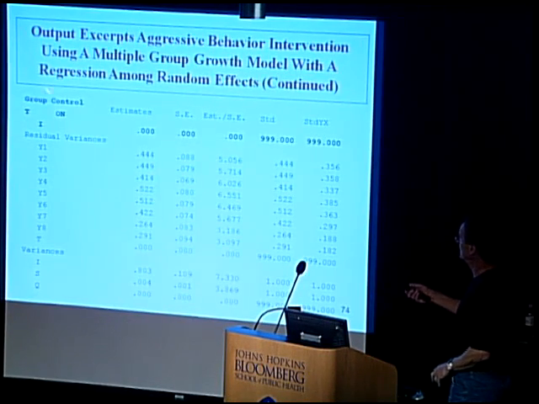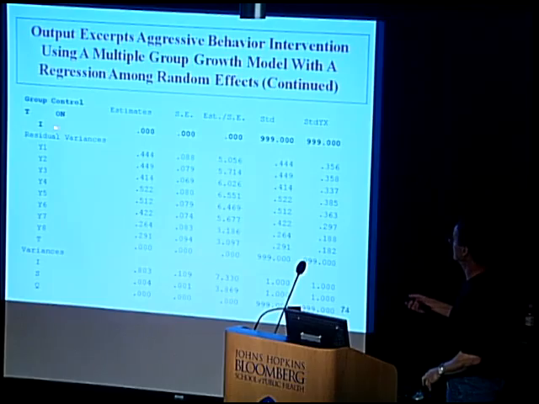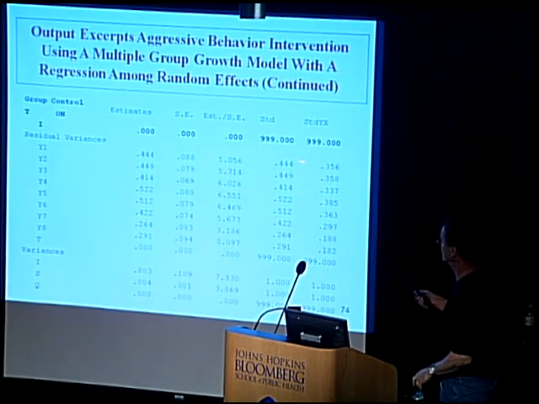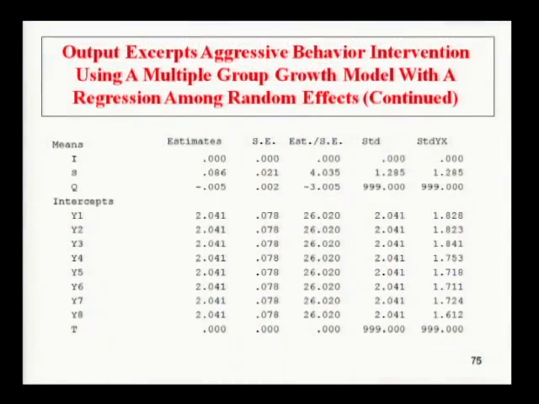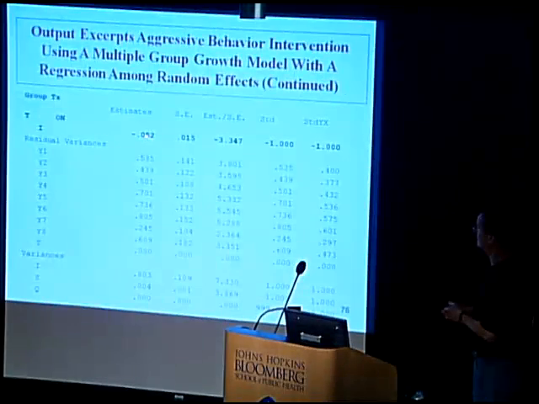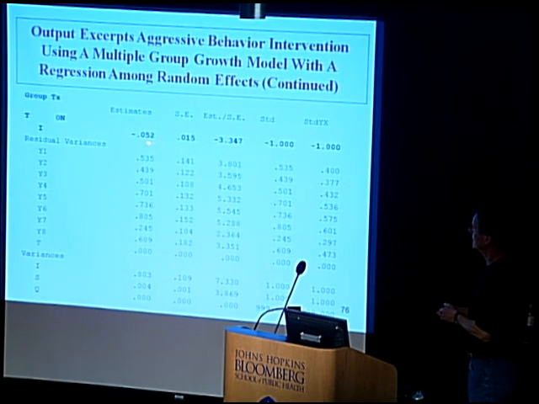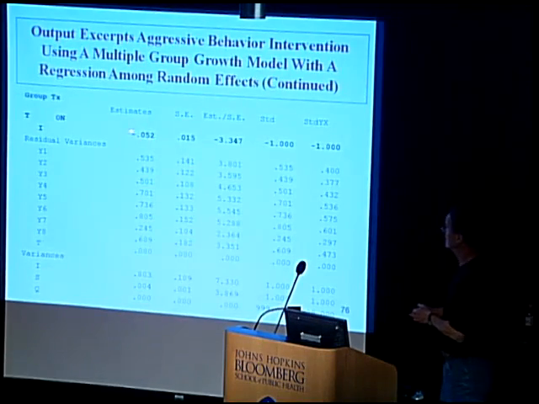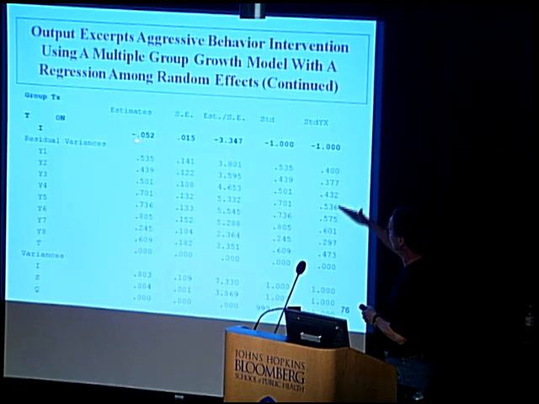In the control group, then, you have T on I non-existent, so it's zeroed out here. But in the treatment group, slide 76, you have T on I significant negative, meaning that the development is pulled down.